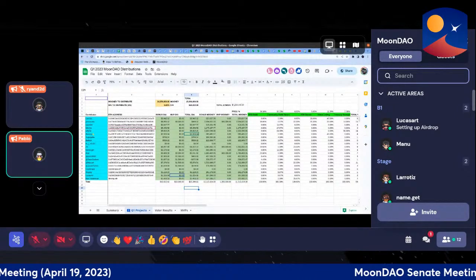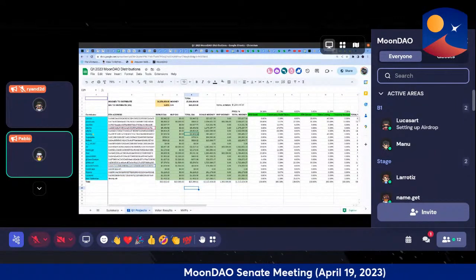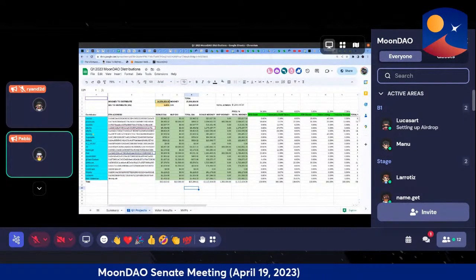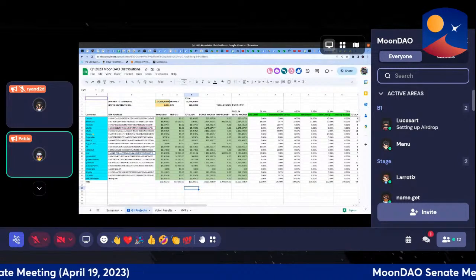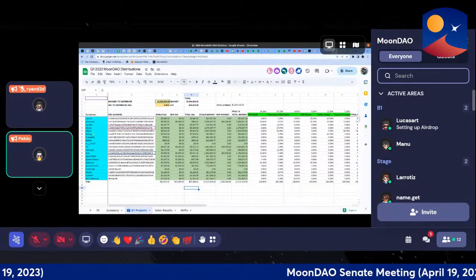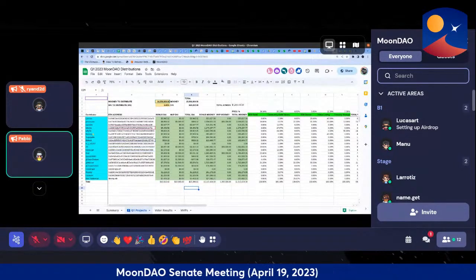Yeah, it's definitely a sad situation because the Growth Guild basically did convene and meet and definitely did work. But it just never passed through Snapshot.